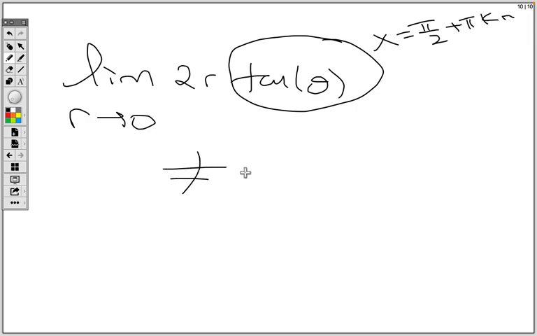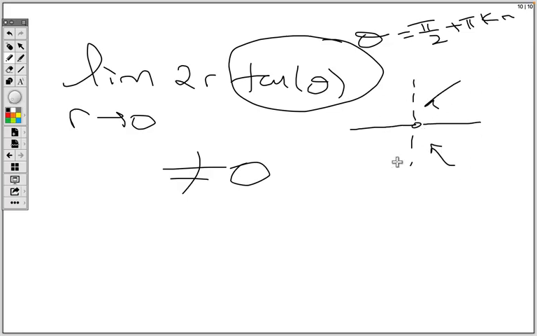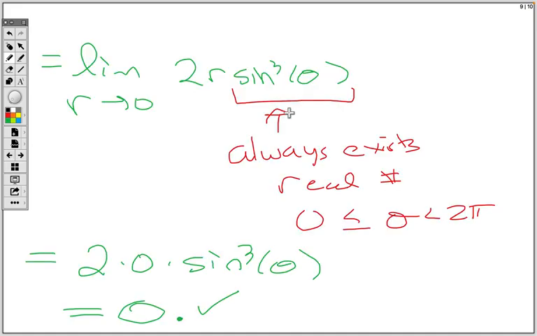So we could not conclude that the limit is 0 unless we specify we're not on the y-axis. I'm sorry, not x, but theta. So the limit would be coming into 0 here, but on the y-axis, it doesn't exist. So that's where you have to be a little careful. But as long as you get something that's always going to be defined, then you're good to go.